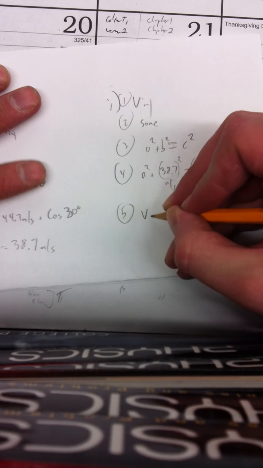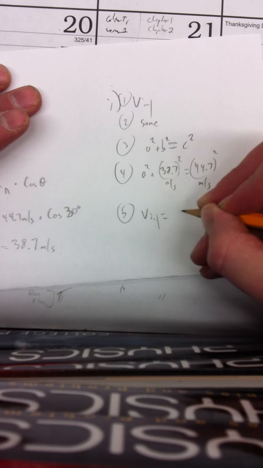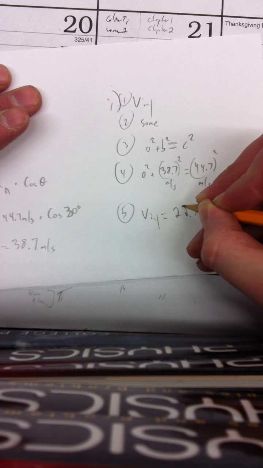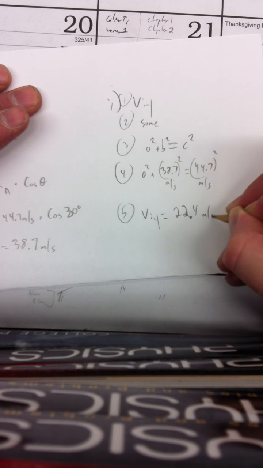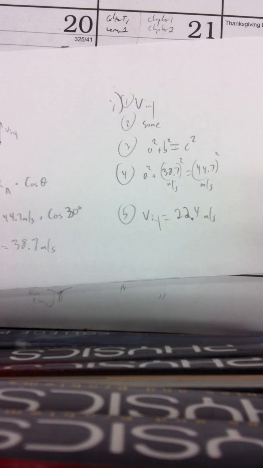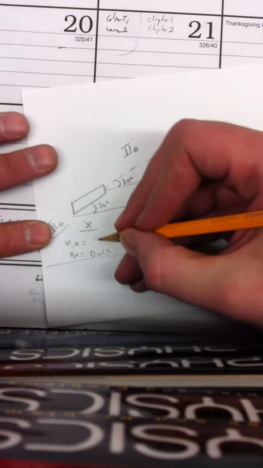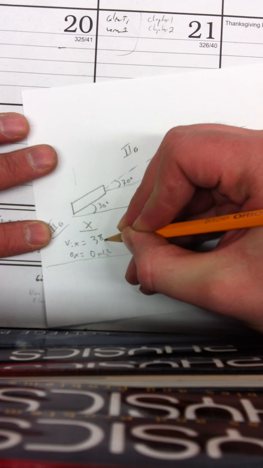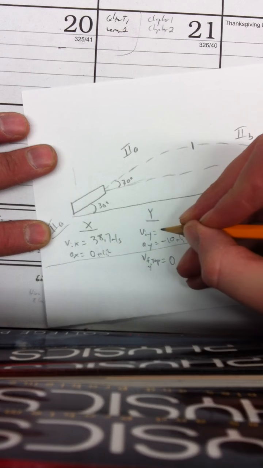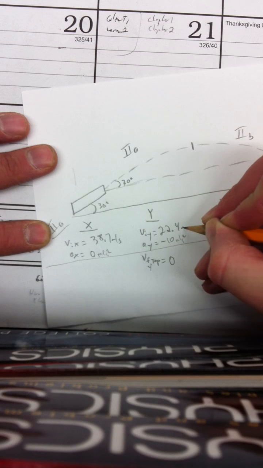So that gives us VIY, or side a, is 22.4 meters per second. We can put this back into our original chart. This is 38.7, and this is 22.4 meters per second.